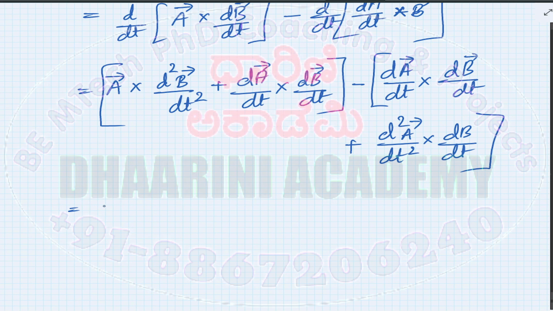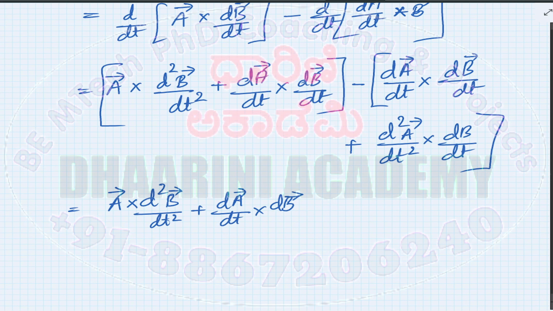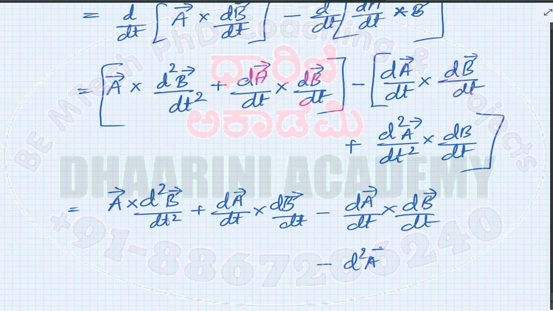This is equal to vector A cross d square B by dt square plus dA by dt cross dB by dt minus dA vector by dt cross dB vector by dt minus d square A vector by dt square cross dB by dt.